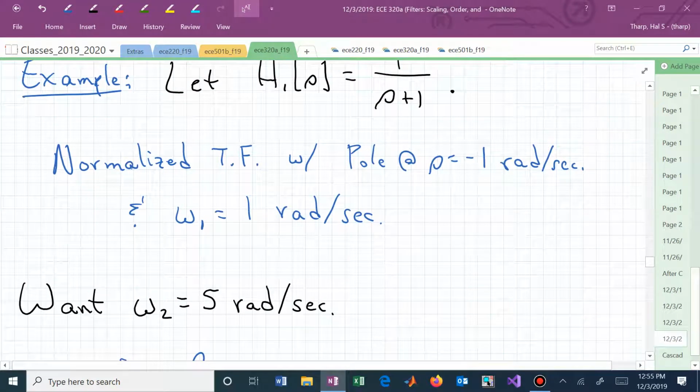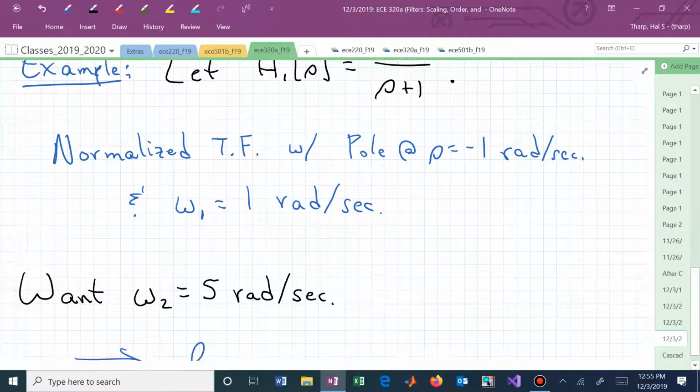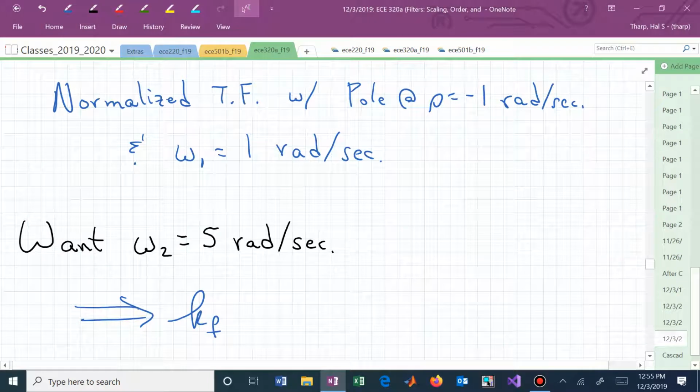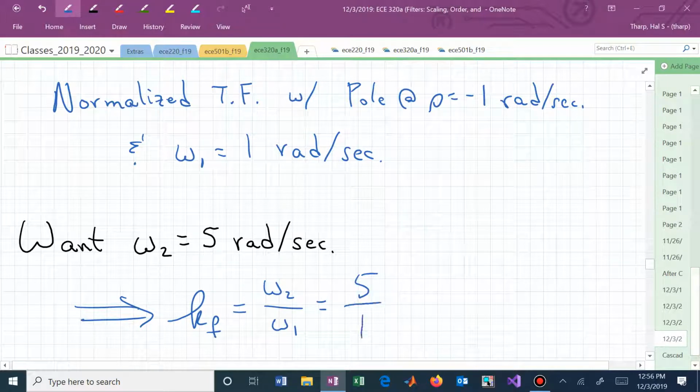So now let's say we want a break frequency, a pole at 5. Well, using what we said before, we want K sub f to be, that now relates omega 2 with omega 1. Omega 2 we want to be 5. Omega 1 was our normalized value of 1.